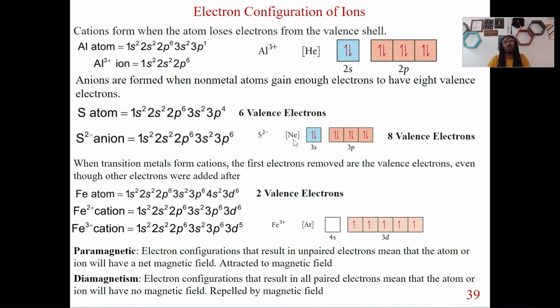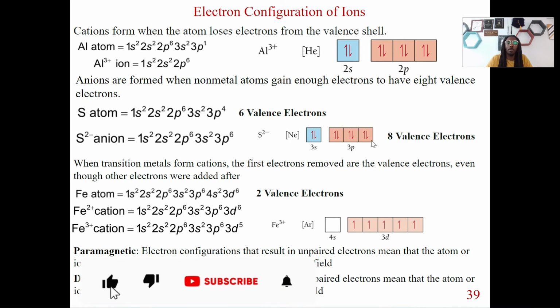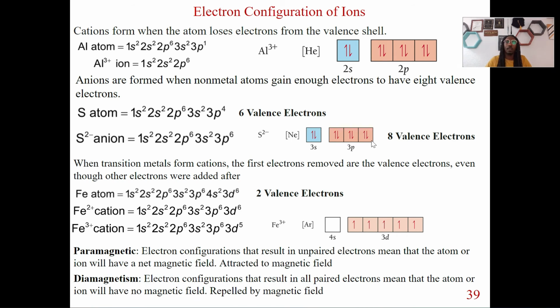In this case, the closest one is neon over here. When we draw out the diagram, it's 3s2, 3p6, 8 valence electrons. It's stable. This is true for every single cation and every single anion. Now we understand the why behind why they're losing and gaining these different electrons.